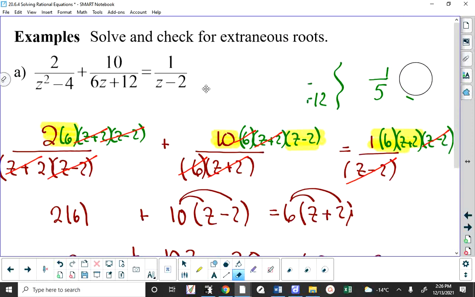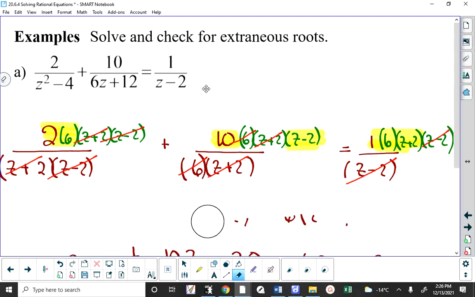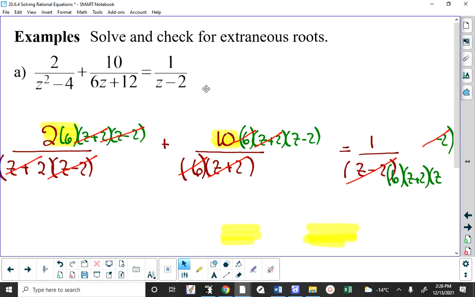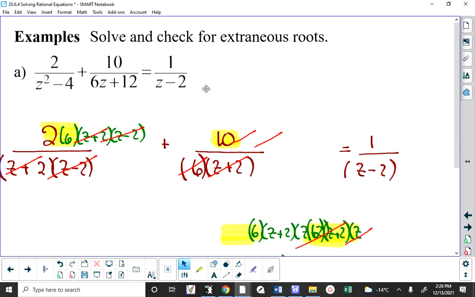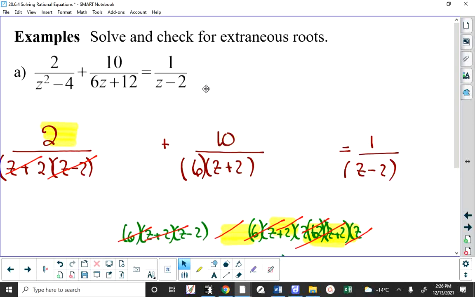Let me go back to the point in time where we had factored everything. So I hadn't yet multiplied top and bottom by anything. I hadn't canceled. I hadn't highlighted anything.